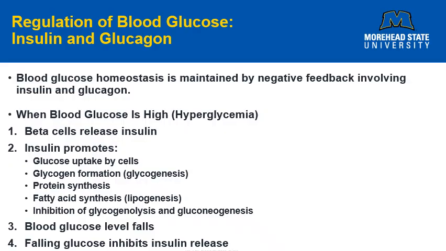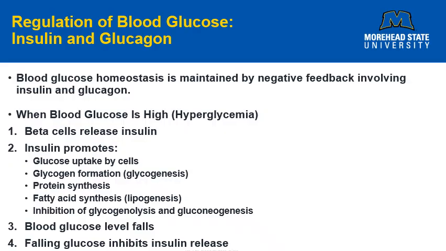So it promotes uptake into cells, breaking down glucose by glycogenesis, protein synthesis to occur because we can use sugars for protein synthesis, fatty acid synthesis because again glucose can be used for that, and inhibition of any type of pathway that is leading to the formation of glucose.